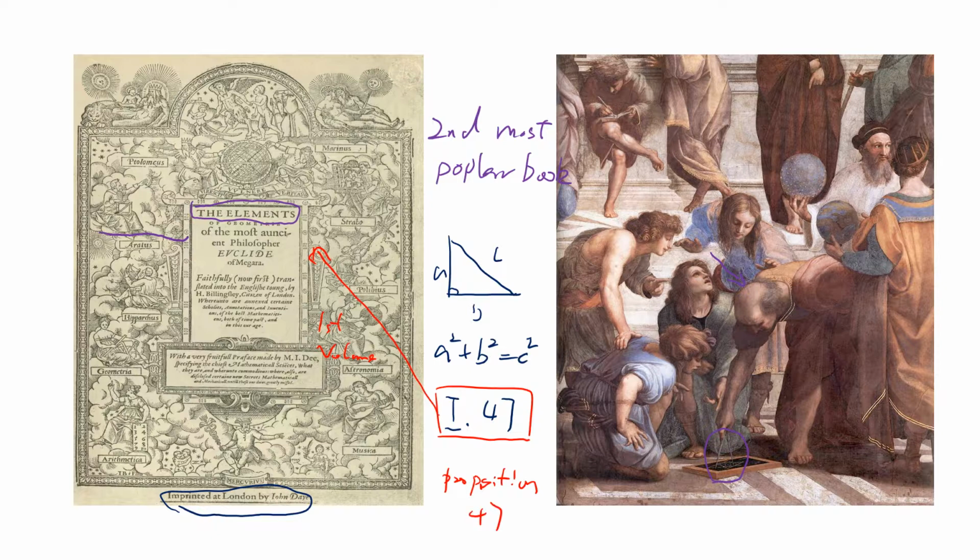Which means if you open this book and find the first volume, the 47th proposition, you will find this formula. So the number becomes a reference. You can think of it like in the Bible, where you reference which chapter and which line. The Elements is something like that.